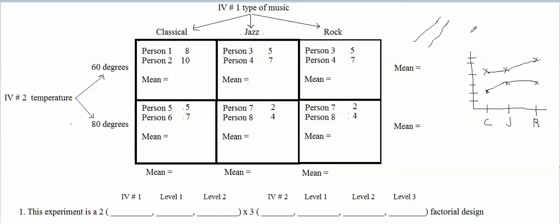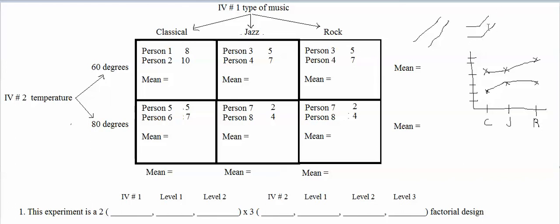But also, if it's something like this, where this goes up like that, and this goes up the same way, that's also no interaction, because, well, think of it this way: these two are parallel, and these two are parallel. Or you could think of it this way: this line is the exact same as this line up here. They're exactly the same line.